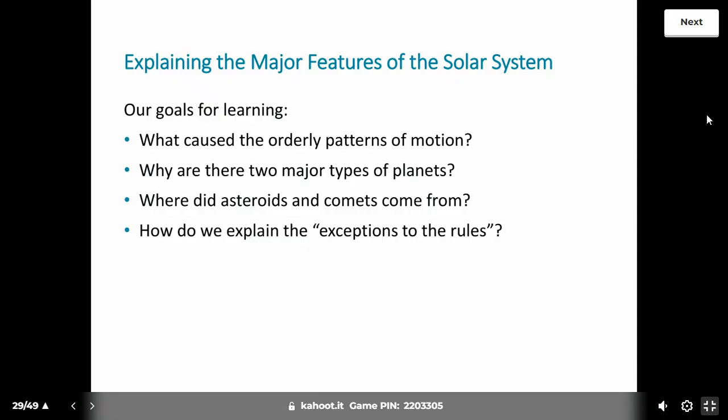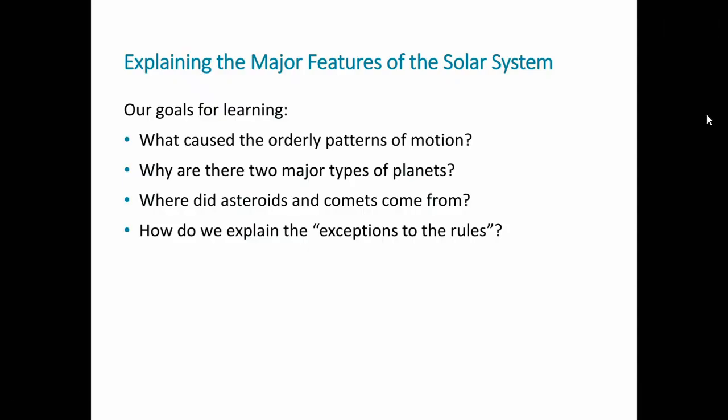So we're going to use some of the physics terminology and mechanics that we learned over the last few lectures to explain how you go from a giant gas cloud to planets forming.